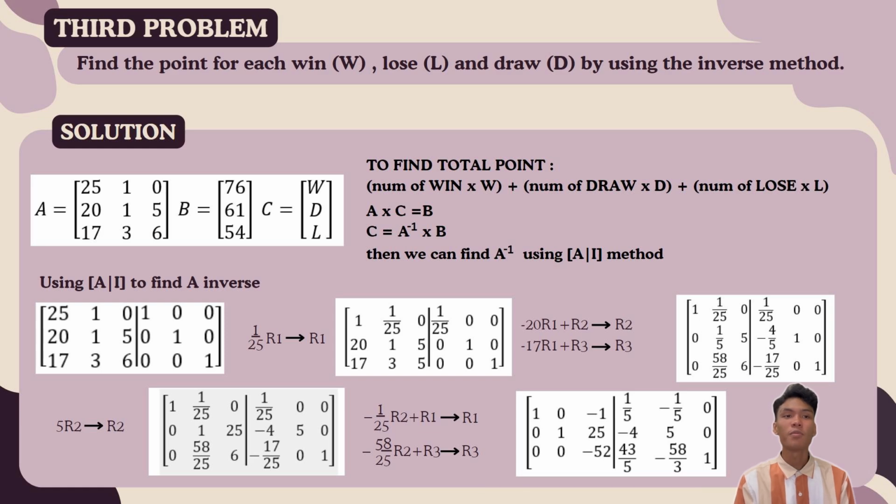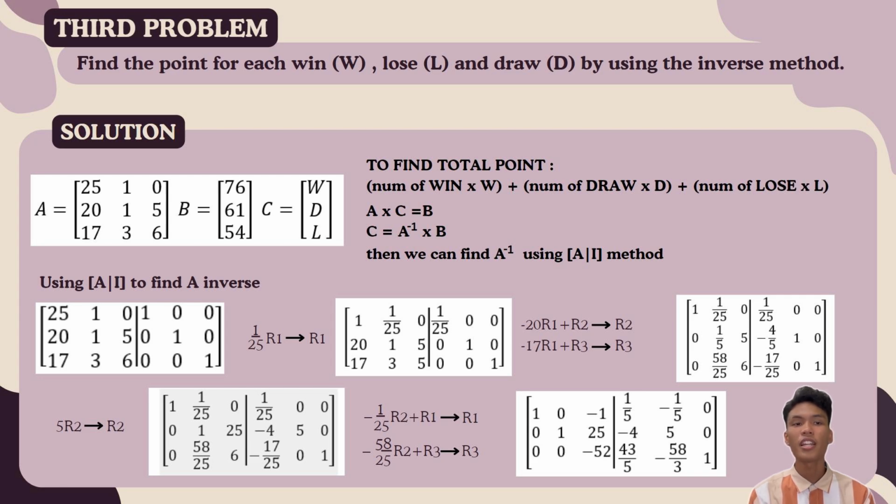Let's go to the third problem. Find the point for each win, loss, and draw by using the inverse method. So, firstly, we have the matrix A, B, and C. Then, to find the total point, number of win multiplied with W plus number of draw multiplied with D plus number of lose multiplied with L. By using the inverse method, we will get C equals A inverse times B. Then, we need to find A inverse using the inverse method since matrix A has 3 by 3 dimension.